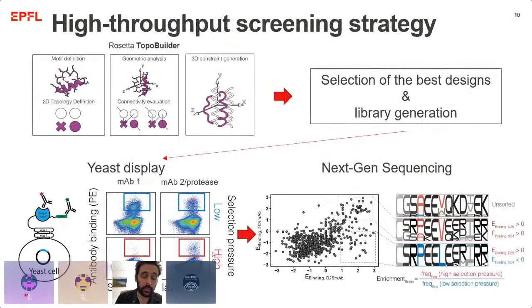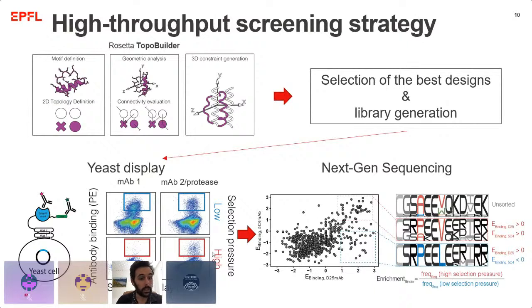But the way that we do this is not purely a computational approach, but rather one where we use computation together with high-throughput screening and library generation. Ultimately, we take the best designs out of this in silico protocol and assemble libraries based on these designs.